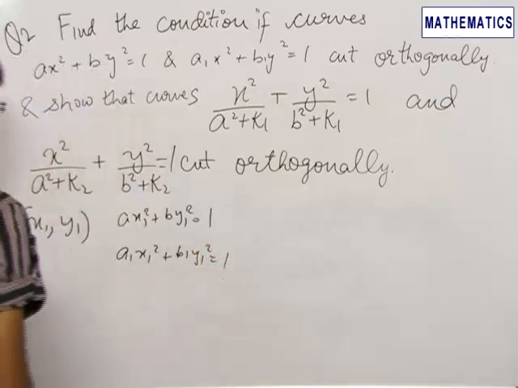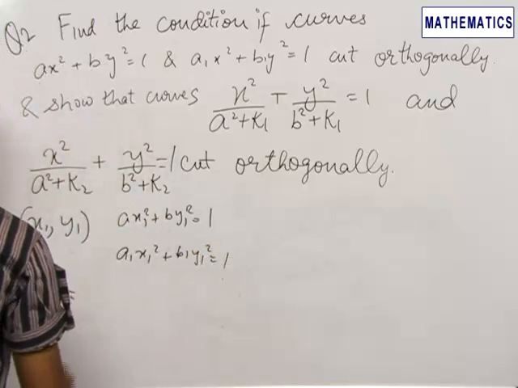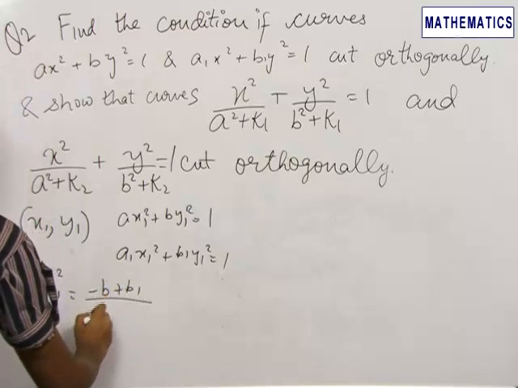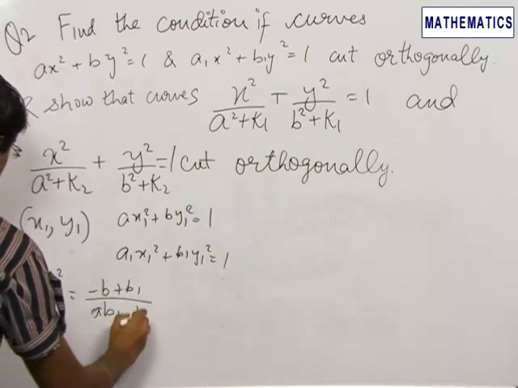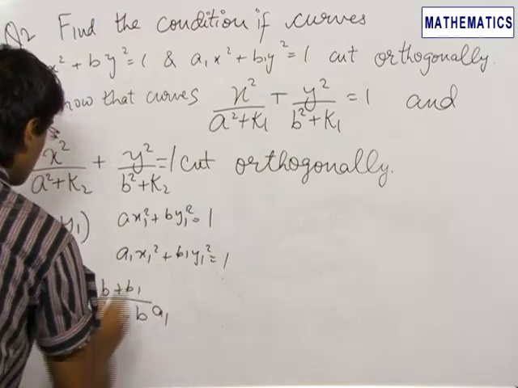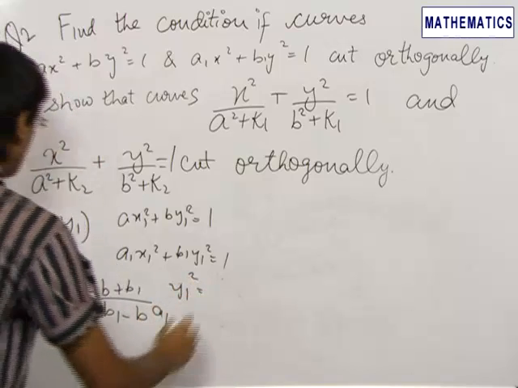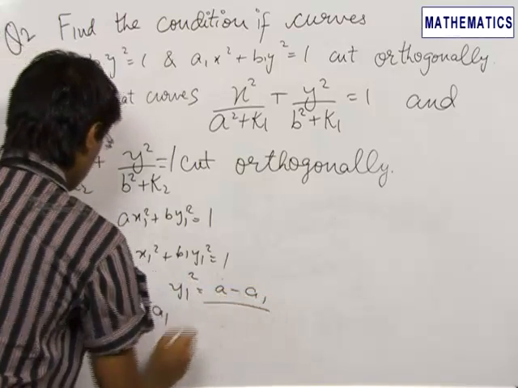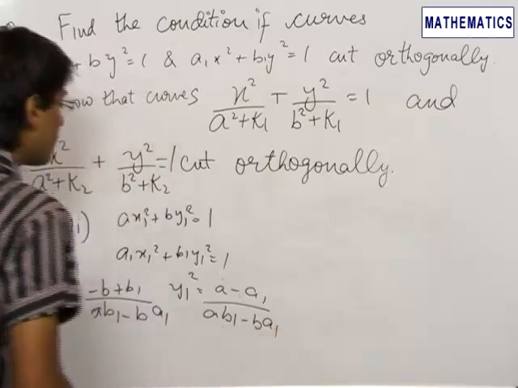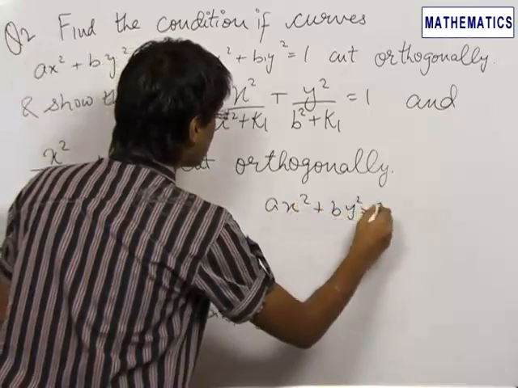So solving for x1 and y1 from these two equations, we get x1 square is equal to minus b plus b1 upon ab1 minus ba1, and putting the value of x1 square over here, we get the value of y1 square to be equal to a minus a1 upon ab1 minus ba1.